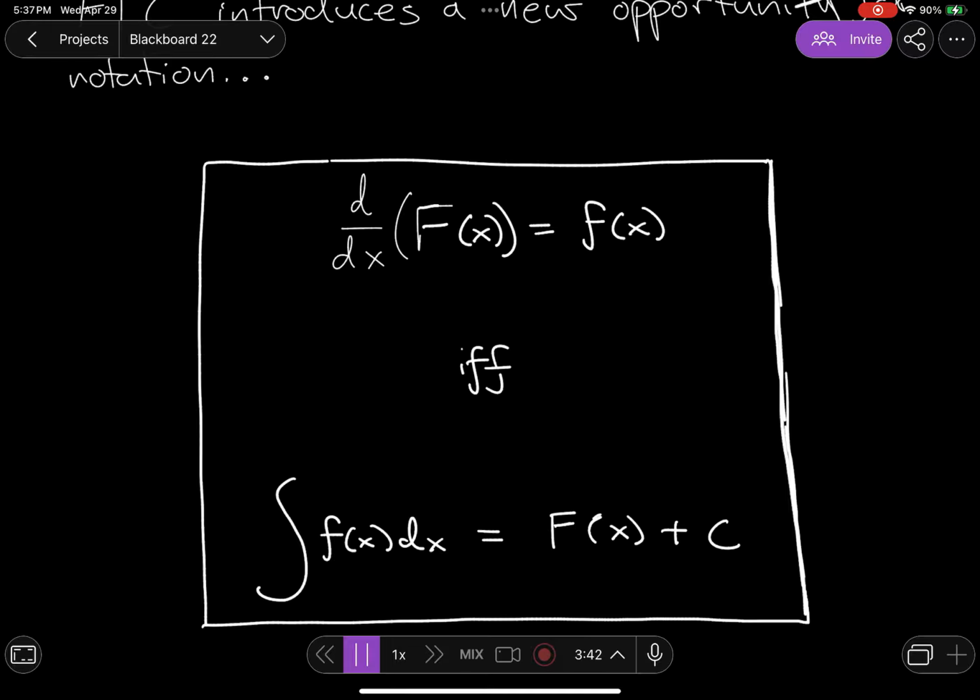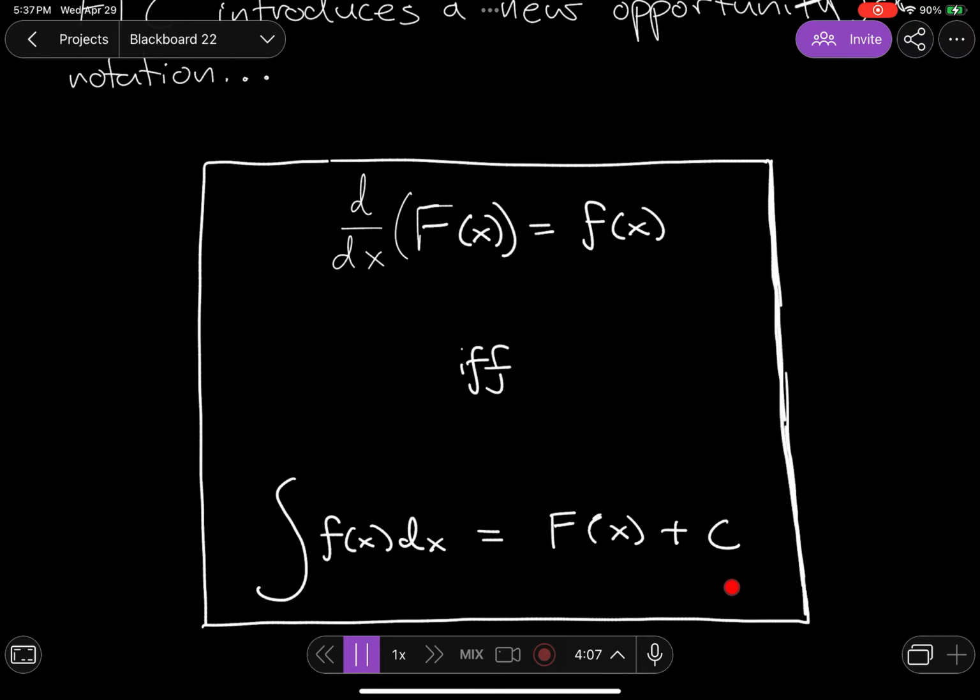We have to include this plus c because when you take the derivative, of course, we all know that the derivative of a constant function is going to be 0. So if we want to anti-differentiate a function lowercase f of x, we have to include the possibility that we had a straggling plus constant hanging out along the way.